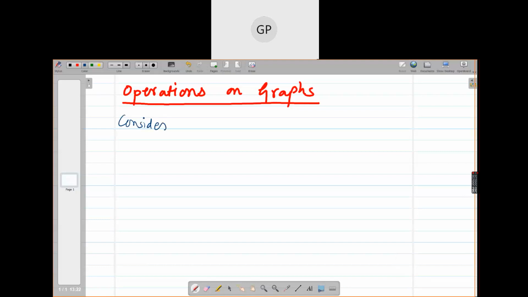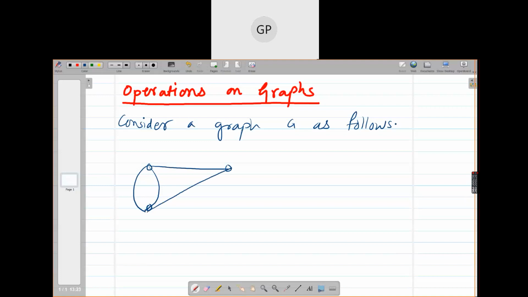Consider a graph G as follows. I'm drawing a graph, all of you draw it with me. This is a loop and these are parallel edges.